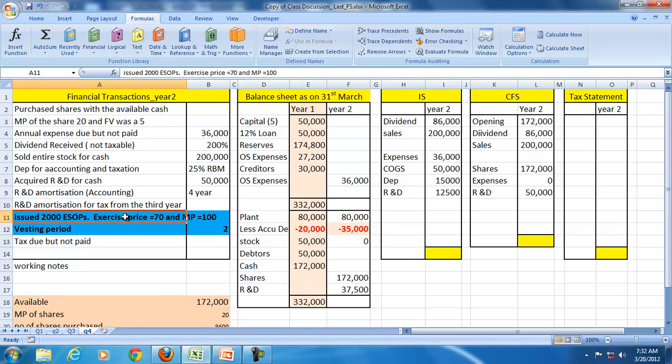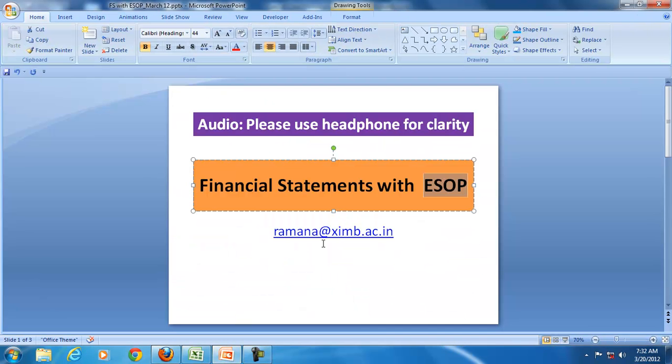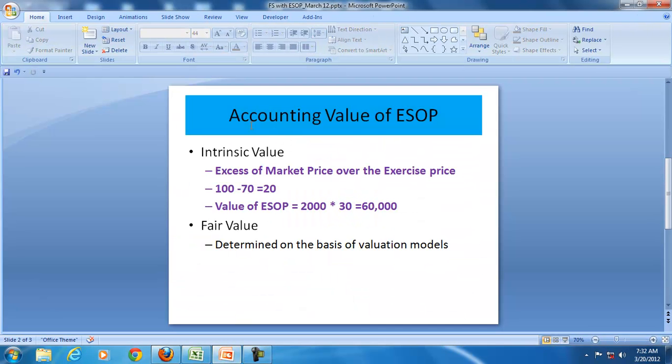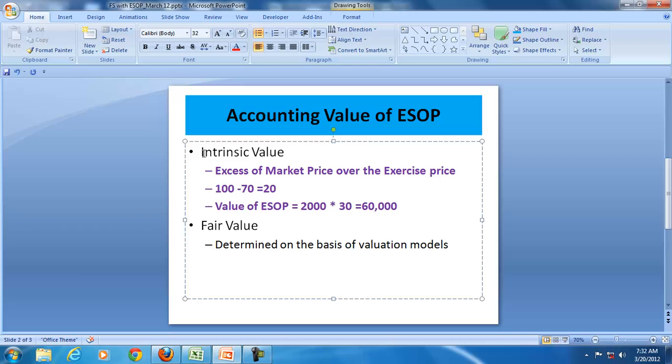ESOPs: 2,000 ESOPs are issued. The exercise price is 70, whereas the market price on the date of issue is 100. So the accounting value of ESOP may be the intrinsic value or the fair value. The fair value is determined as per valuation models, whereas the intrinsic value is the excess of the market price over the exercise price.